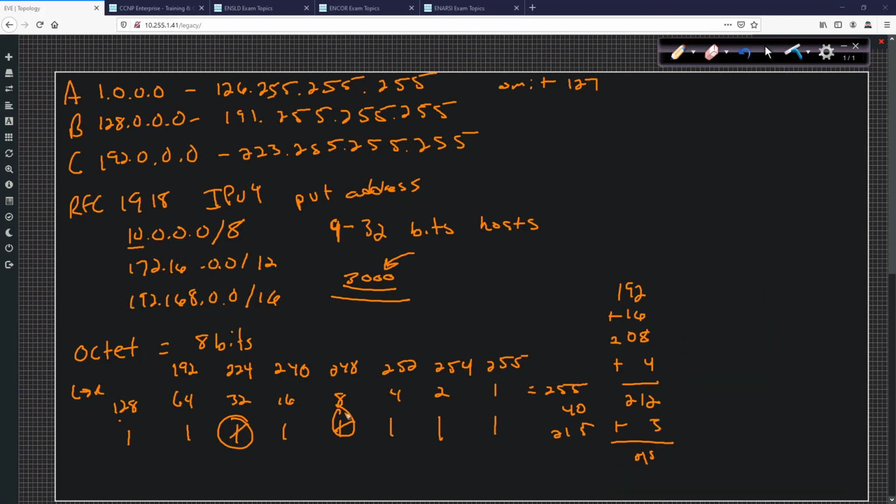So what you end up doing here is, once these bits are turned on, whichever octet you're building this for, whether it's this one, this one, this one, or this one, you would take this number right here, this 215, and allocate it to this one.